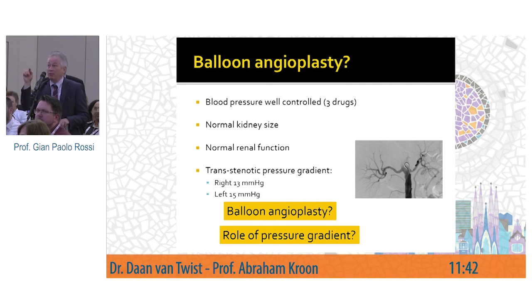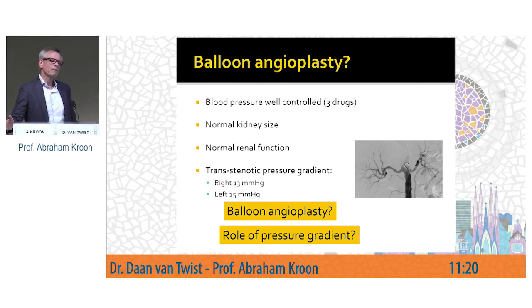So I think one way around would be to measure the resistivity index within the kidney in the different poles and see if you have a decreased resistivity index, which would be indirect evidence for the hemodynamic relevance of the stenosis. I don't know if you agree, but I would do this. You're right. We looked into the echography of the renal arteries, and we did a careful study some years ago in our hospital, and we saw that we didn't have valid results.